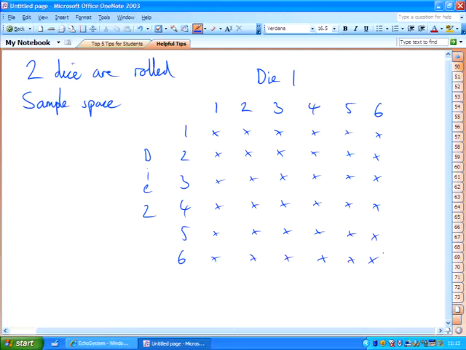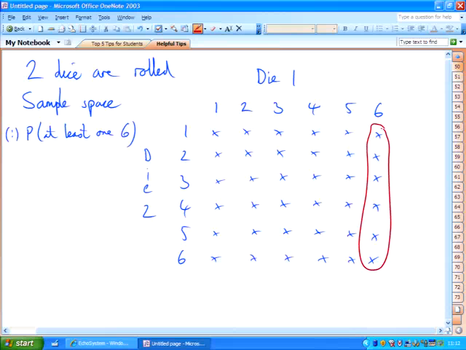Right, now let's consider some particular events that I might be interested in. Firstly, what is the probability that I get at least one 6 on my 2 dice? Well, it could be any of the following. There has to be either a 6 on die 1 or die 2, or possibly both. So I get a 6 on die 1 in all of these 6 outcomes here.